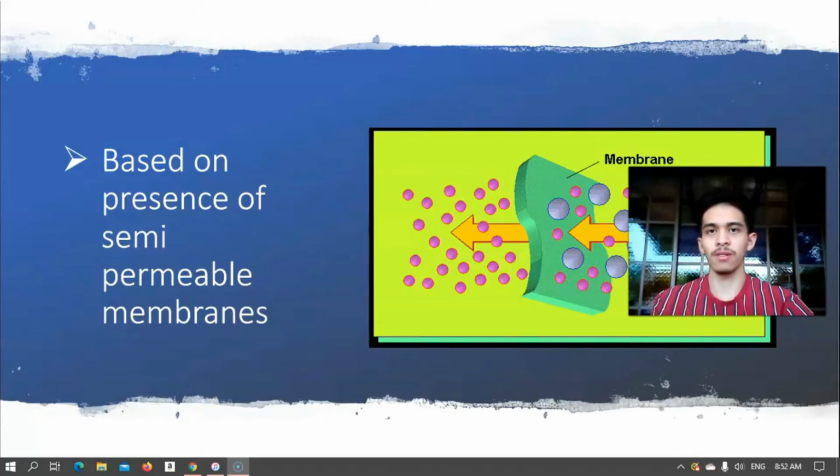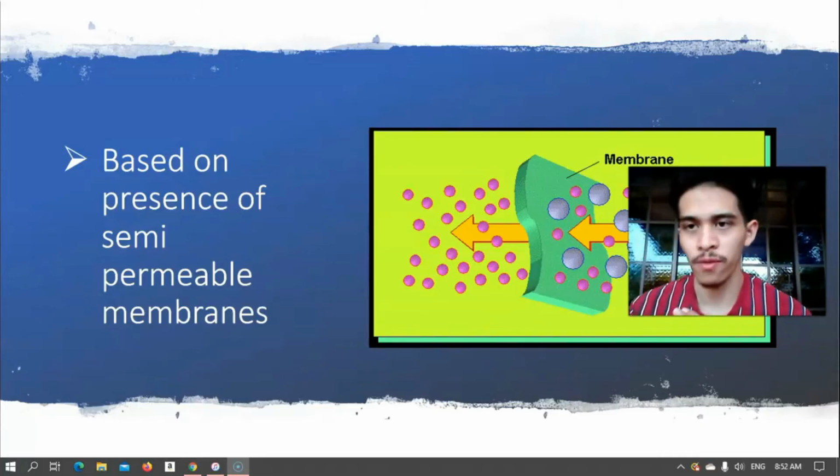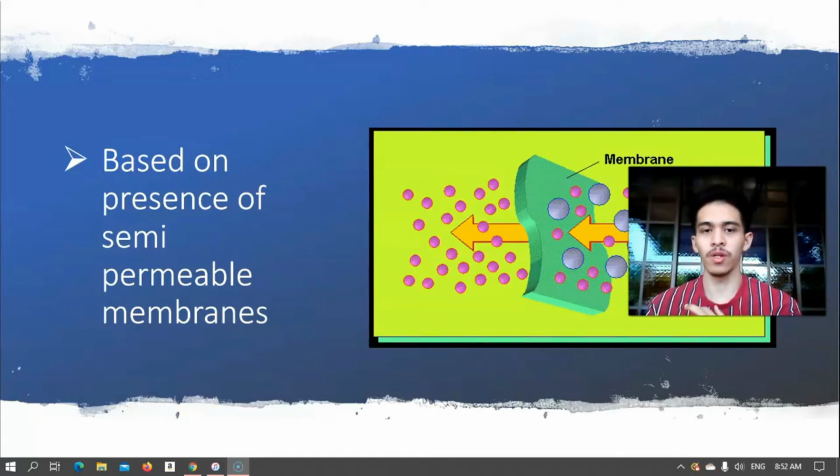The first important thing that we have to know is that the membrane separation process is based on the presence of semi-permeable membranes. The principle is quite simple. The membrane acts as a very specific filter that will let water flow through while it catches suspended solids and other substances. Membranes operate through a selective separation wall.